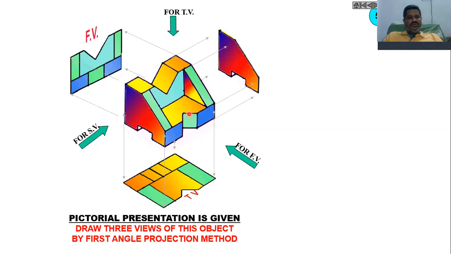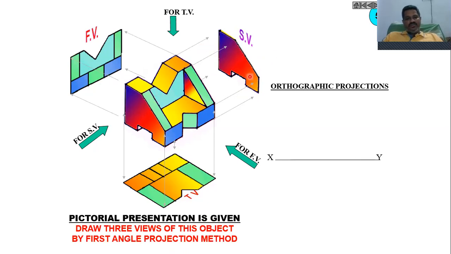Now project all those. First I am projecting this face. Similarly, draw the dotted line here, but here we need to get one dotted line here that is not shown here. One dotted line here and one dotted line here. Exactly you will get one dotted line here and one dotted line here. And similarly, you will get one more dotted line here, one more dotted line here, and finally you will get one more dotted line here.